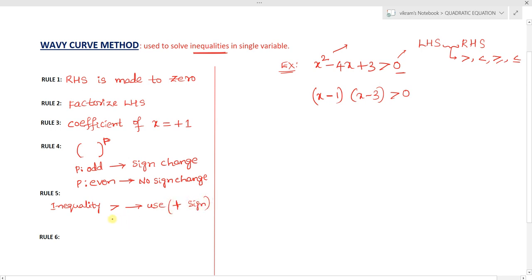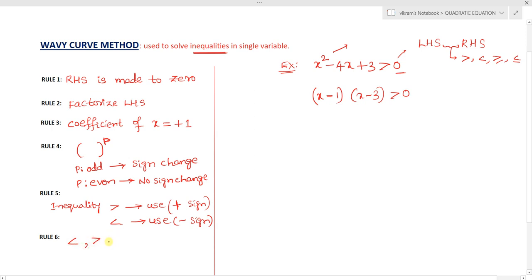If the inequality is less than, we need to check the negative sign range. For greater than or greater than or equals to, we check the plus sign range. If it is less than or less than or equals to, we check the negative sign range. And the next one is if the inequality is less than or greater than is given.